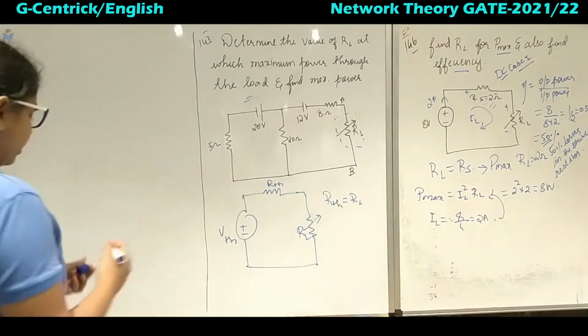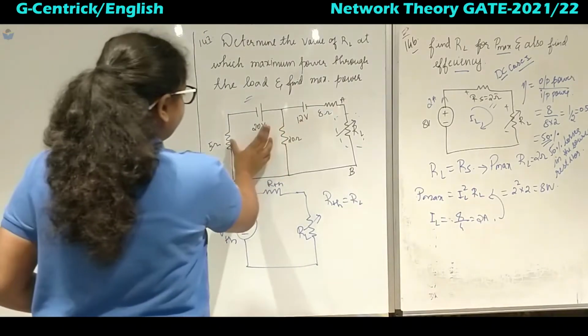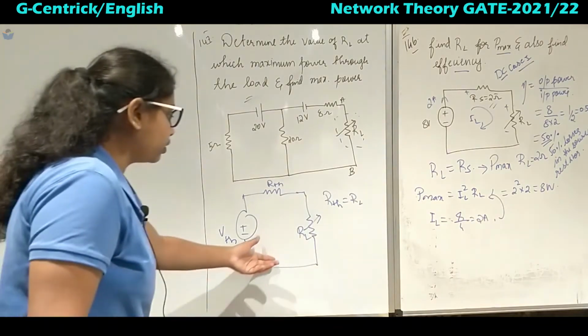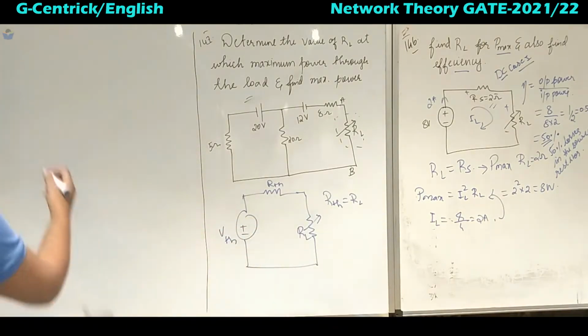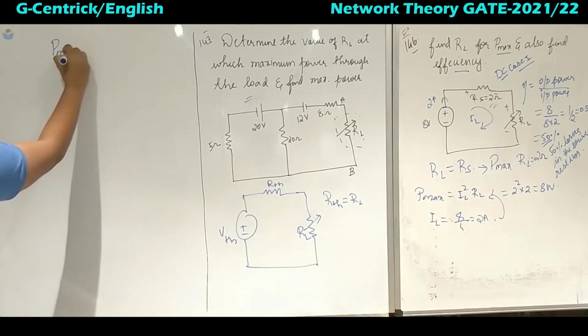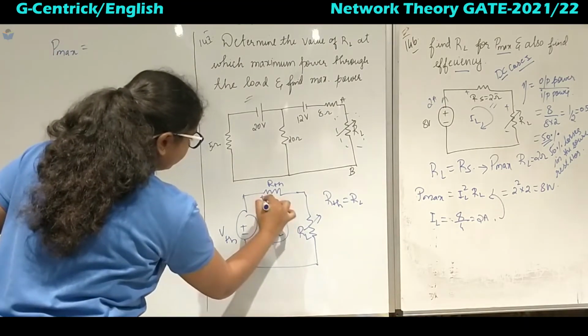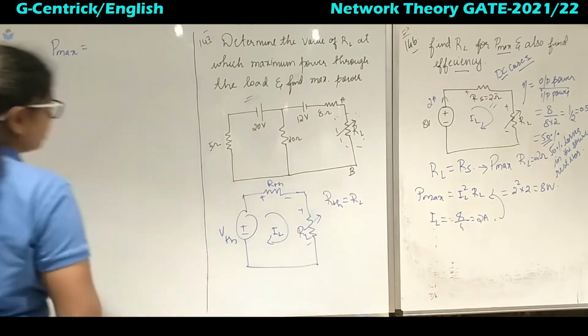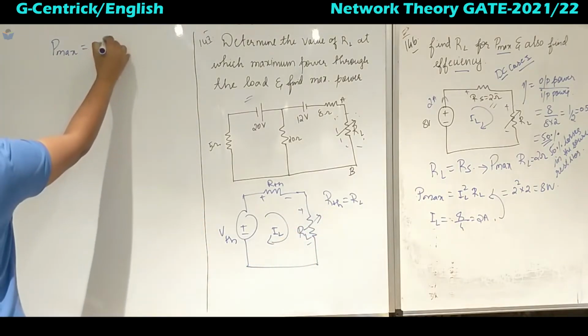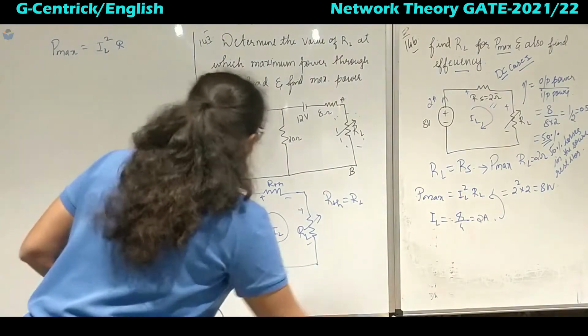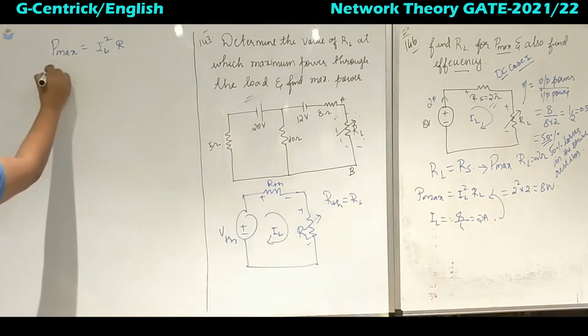Now we have to find RTH and VTH, right? Before that, we will take the general formula. When we have P max, if there is current IL, P max is IL square into R. Now when I take IL square into R, how do I calculate current?